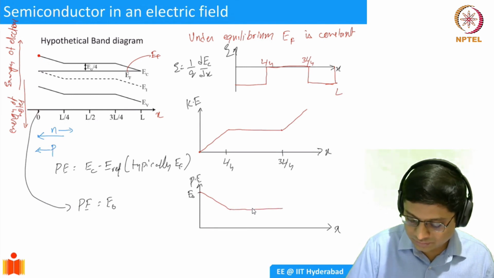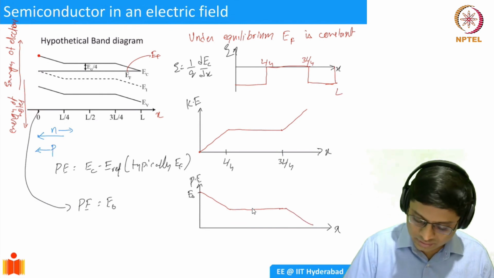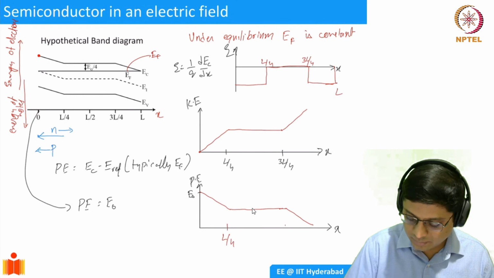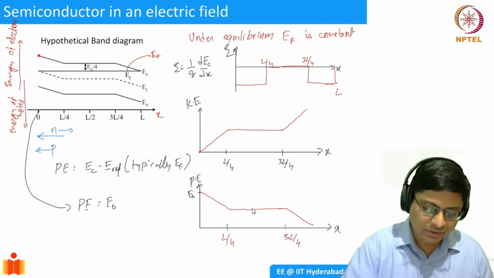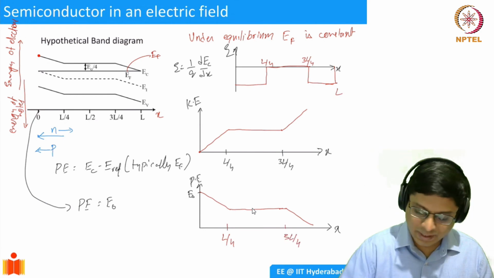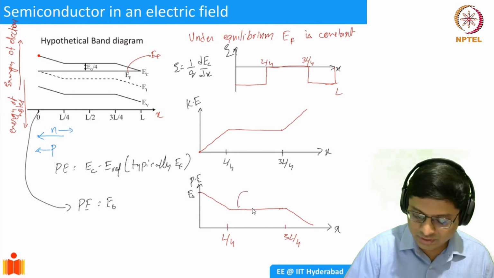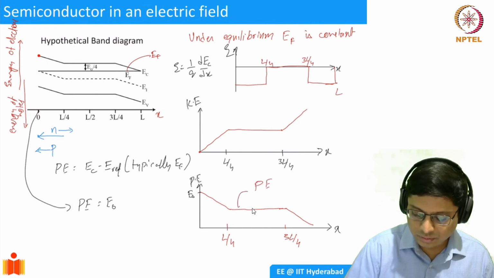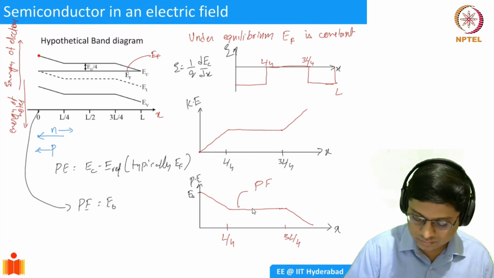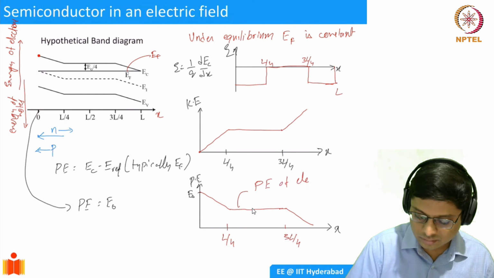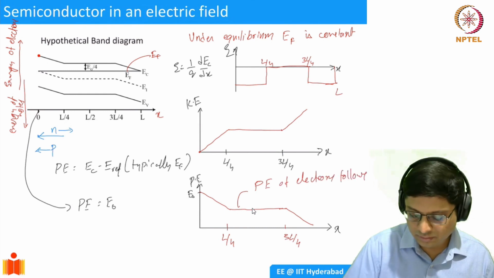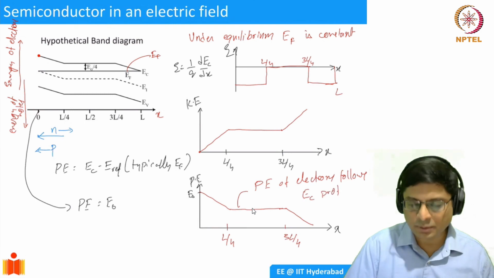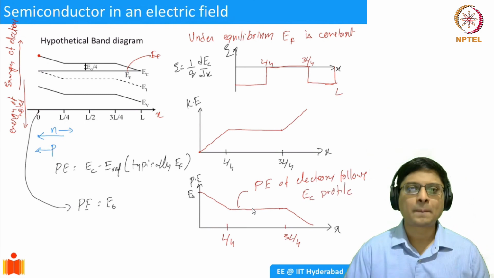Again, it's going to reduce further. So this is L by 4, and this is 3L by 4. What you see in band diagrams is that the potential energy of electrons follows the EC profile. Whatever the shape of EC, the potential energy of electrons follows similarly.